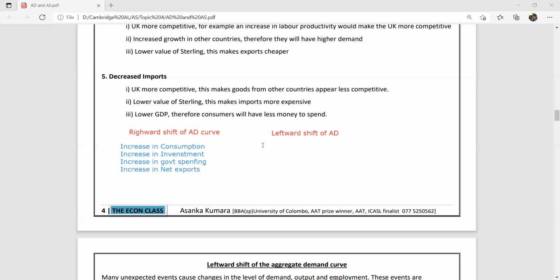These are the four. Then we understood reasons, with examples under each.